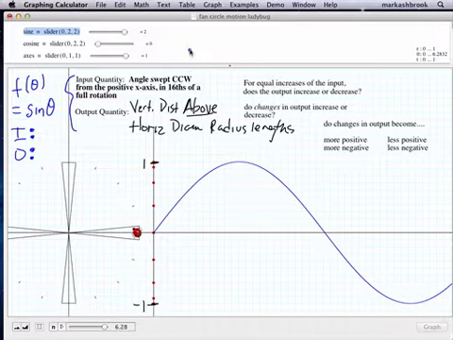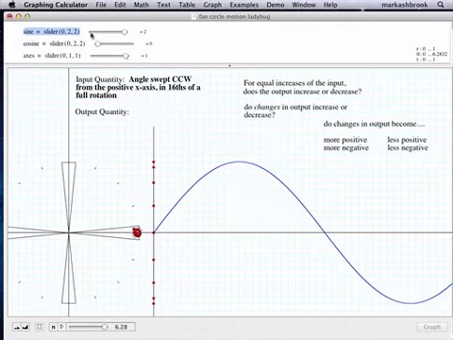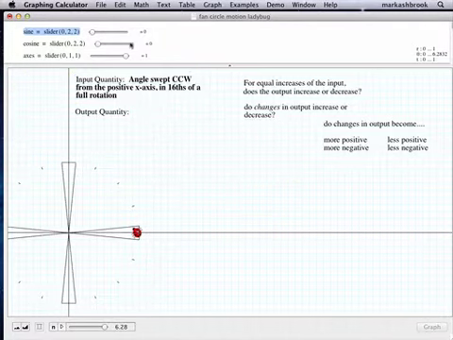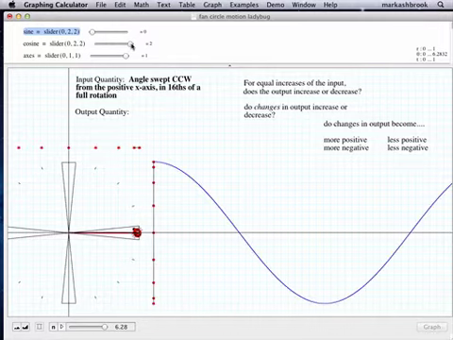So now just quickly here, let's do the same thing, but instead of tracking vertical distance, we're going to track horizontal distance.